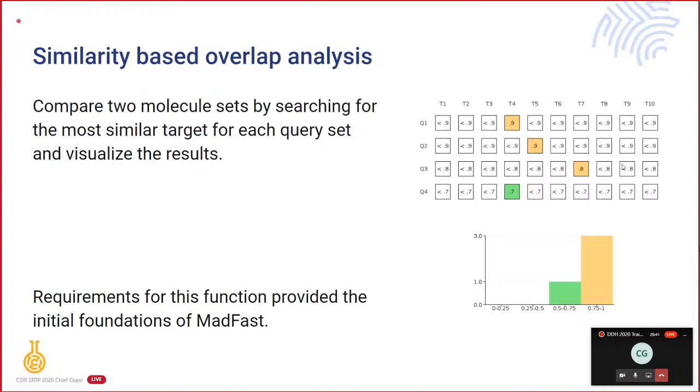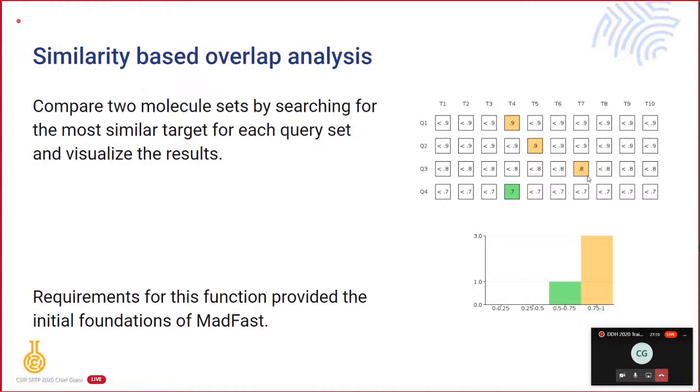So in this small example, where we have 4 query molecules and 10 target molecules, we find that 3 query molecules have a close similarity score in the target dataset, and 1 is a bit farther away.